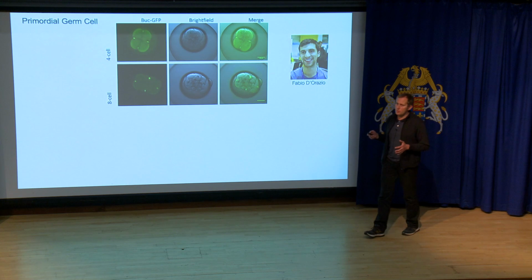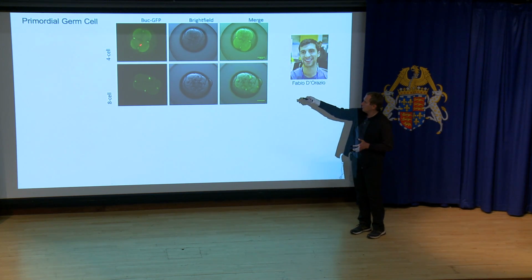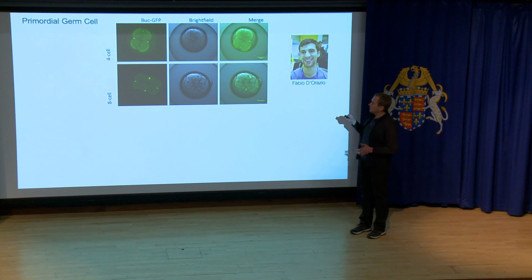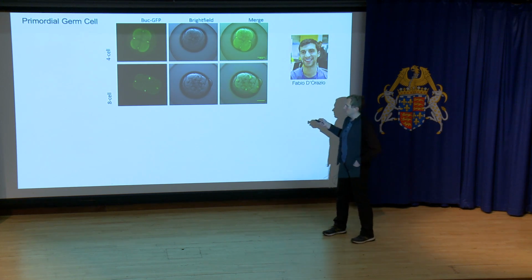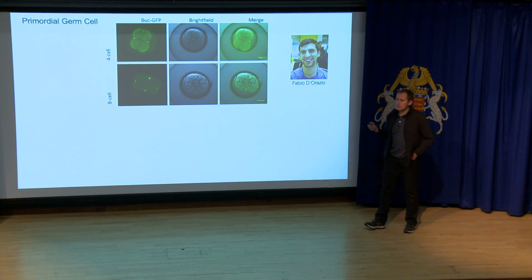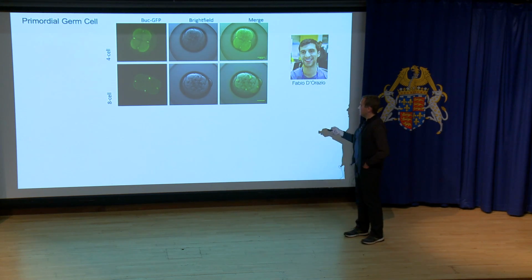And when the embryo divides, here we have the 4-cell stage, you see these bright dots. These are markers for the germplasm. At the 8-cell stage, you still see 4 of these dots. So basically, not all the cells get the germplasm, so not all of them will become germline. The rest will become soma, of course.